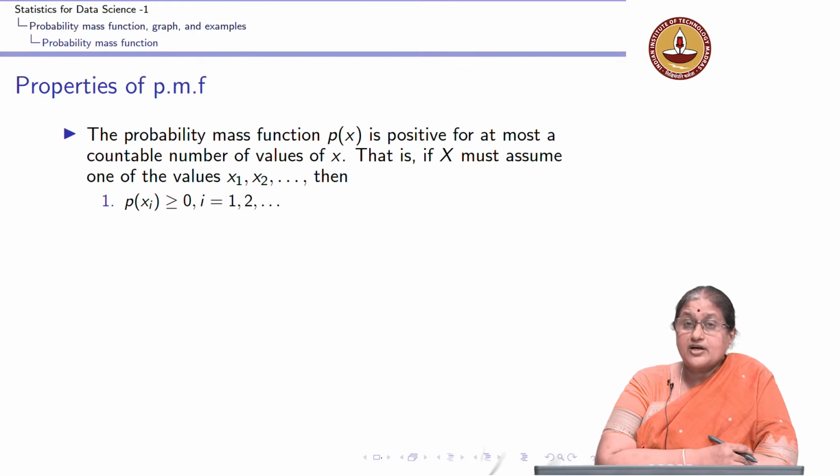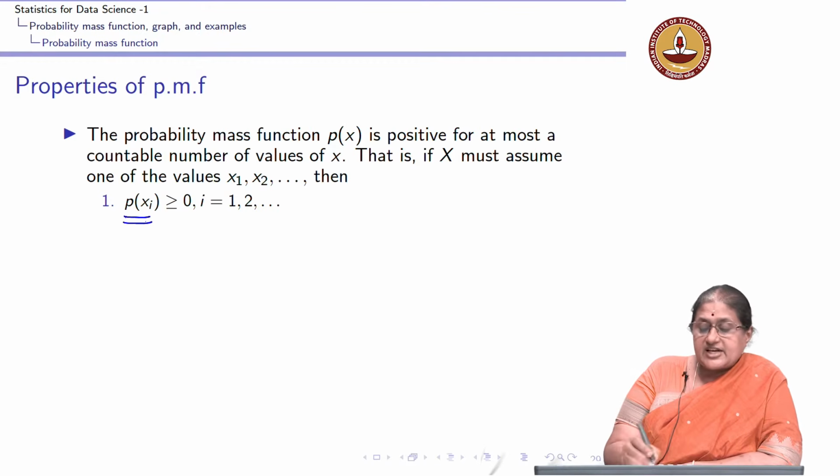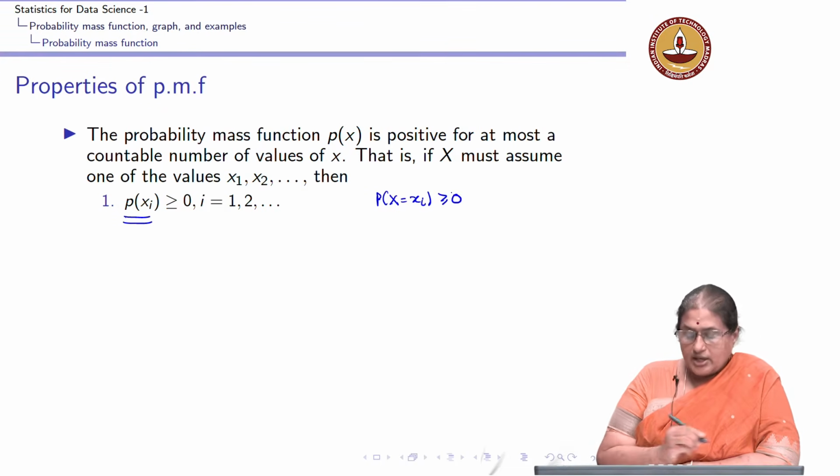I repeat, there are two key properties of the probability mass function. They are, namely, the probability of xi is greater than or equal to 0. In other words, the probability that X equals xi is always non-negative.